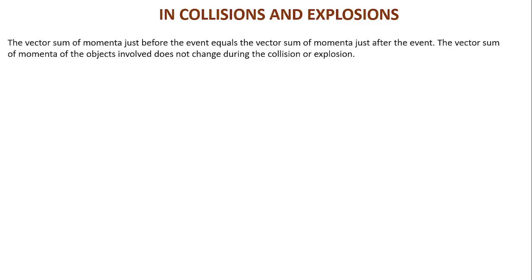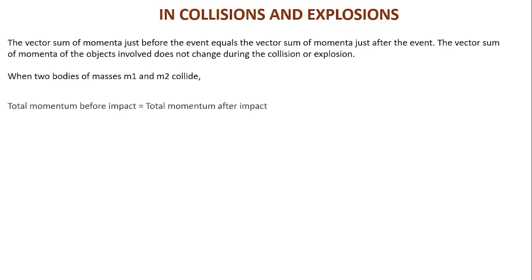They are just constant. So with that being said, let's say we have two bodies with masses m1 and m2, and these two objects undergo a collision.